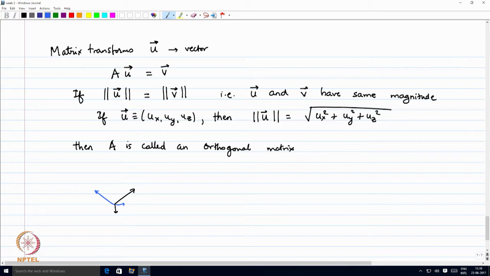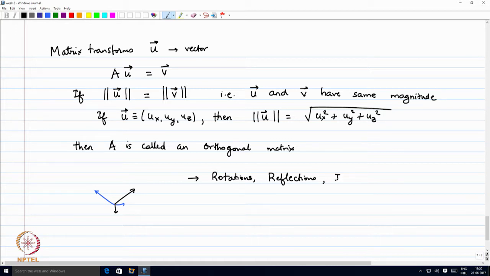Okay. Now, orthogonal matrices, you can immediately see what is an operation that would take a vector and transform it to another vector that has the same magnitude. You could have things like rotations, reflections. That means if it just takes each vector and rotates it by a certain angle, okay, then you will get another vector with the same magnitude. You could have reflections. Okay, so you could reflect each vector.